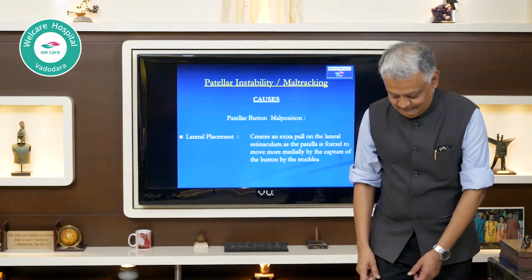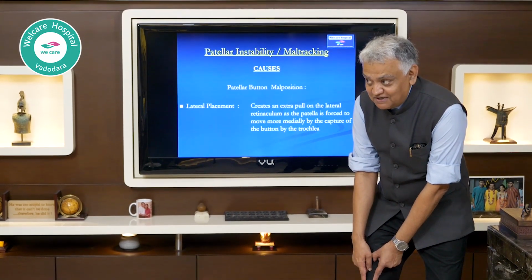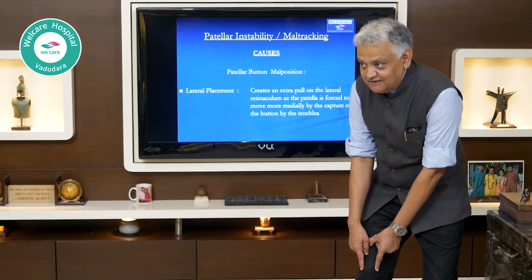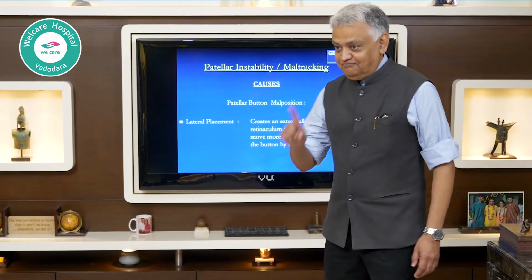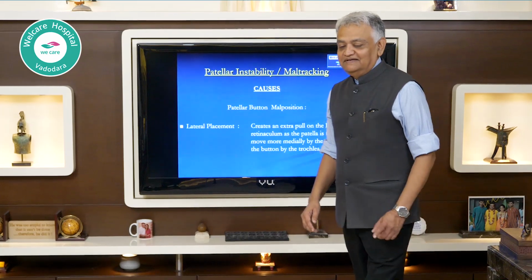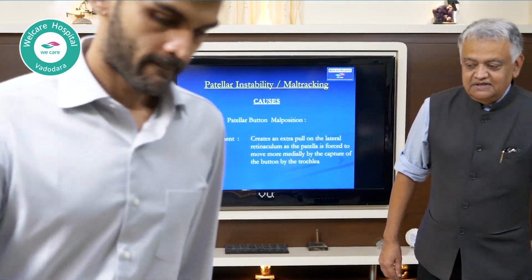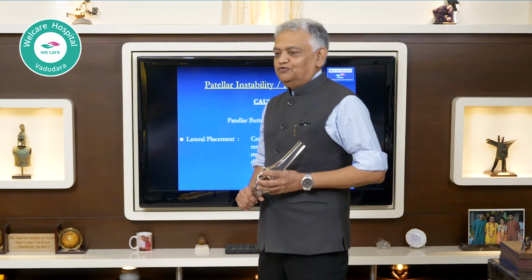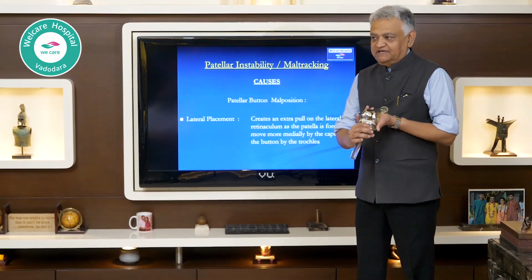Think carefully, slow down your brain process and say, I am saying lateral placement of the patellar button underneath the patella will cause more tightness here. At some point all of you must become familiar with putting a patellar button behind the patella.